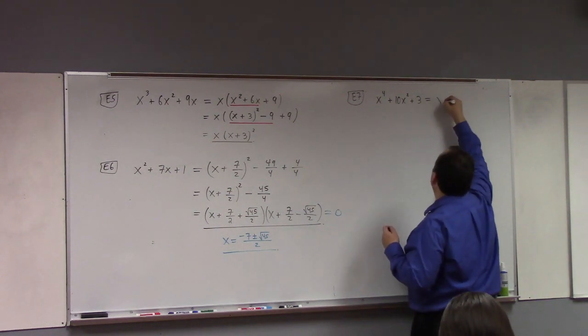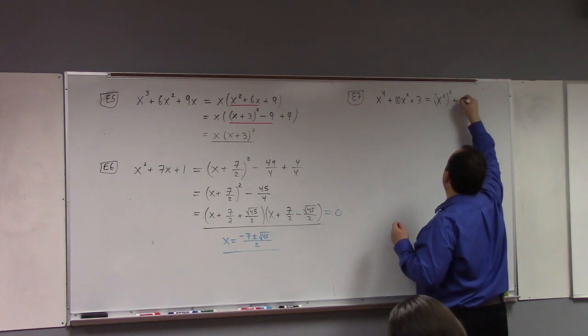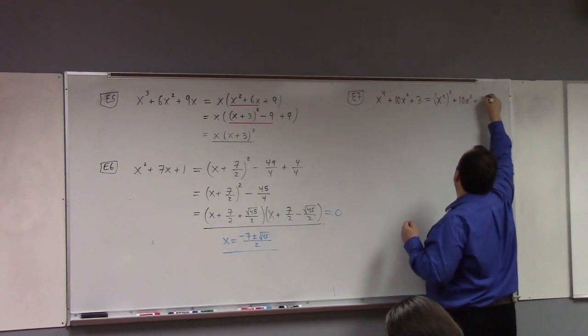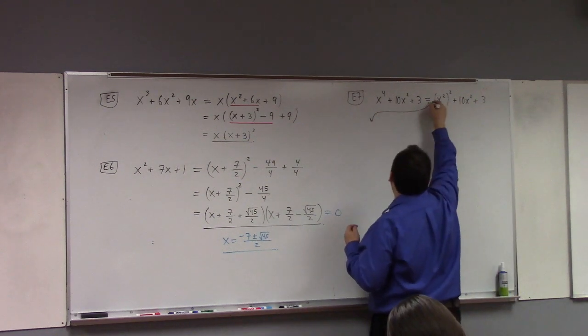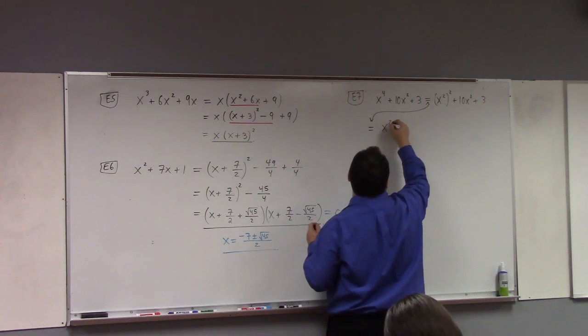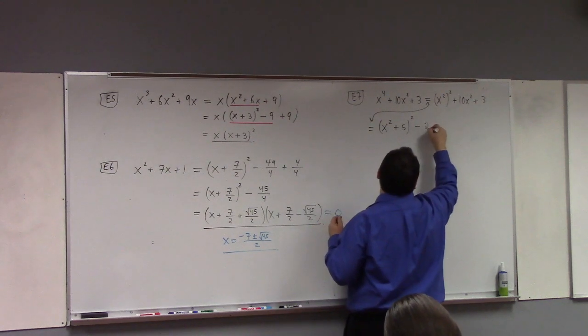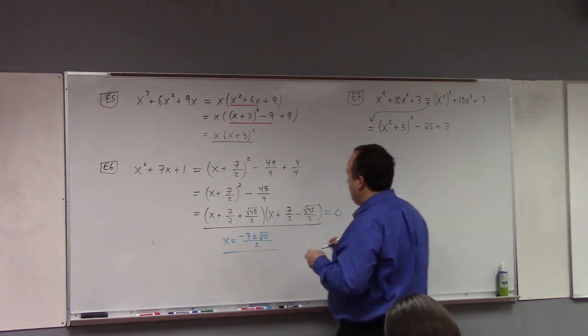So here, I have to look at this as x squared squared plus 10x squared plus 3. So I complete the square in x squared. So I have x squared plus 5 squared minus 25 plus 3.